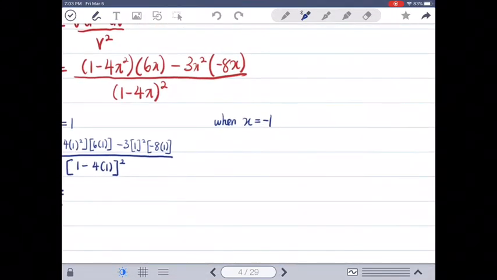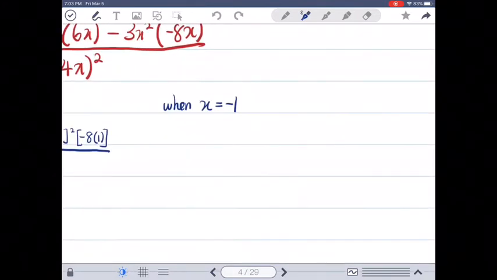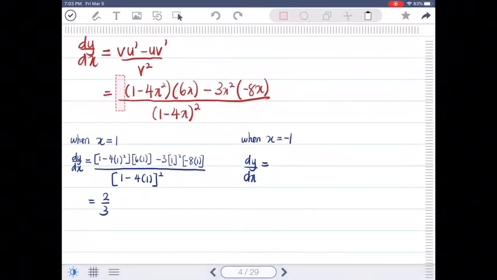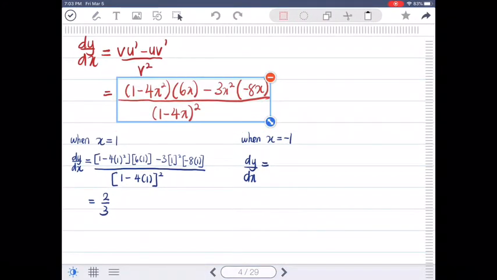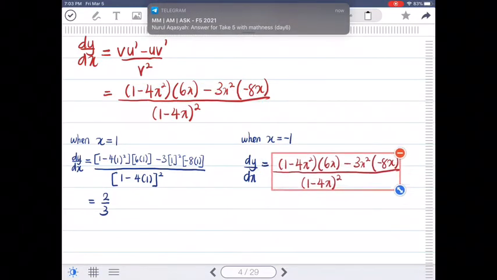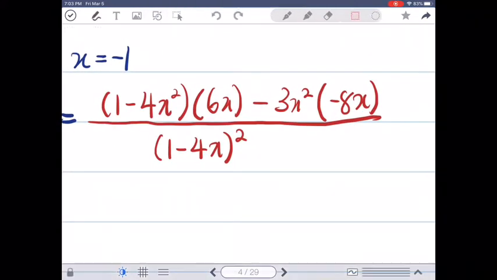Similar to this one, when x equals negative 1, dy over dx is just equal to this whole thing. I just need to substitute the value of x with negative 1.